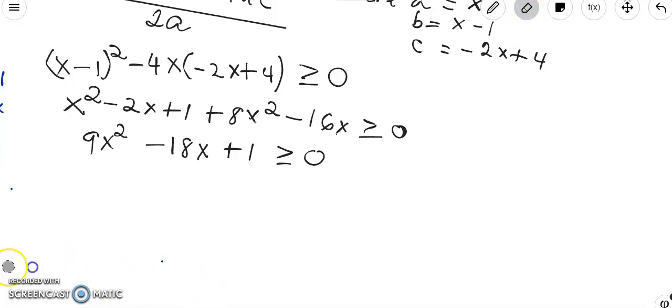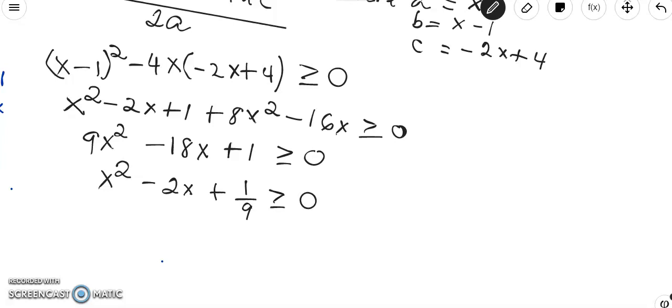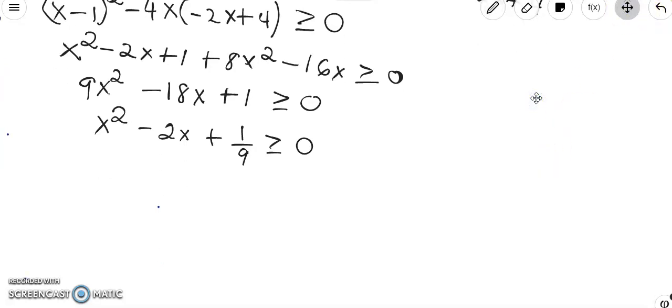So, magiging x square minus 2x plus 1 over 9 is greater than or equal to 0. So, ilipat natin ang 1 over 9 sa right side. So, magiging x square minus 2x is greater than or equal to negative 1 over 9.